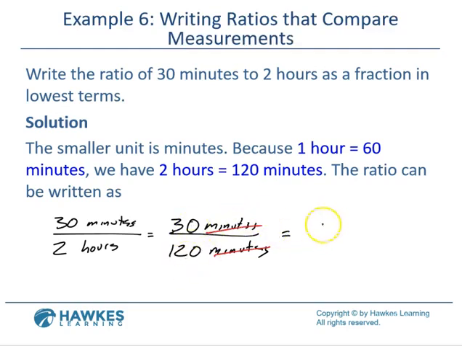And notice 30 and 120, that's just going to go down to 1/4. So this is going to be a 1:4 ratio of minutes. It wouldn't have made sense to have a ratio of minutes to hours, so we have to make sure things are in the same unit.